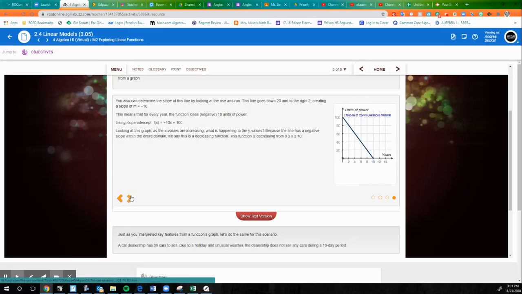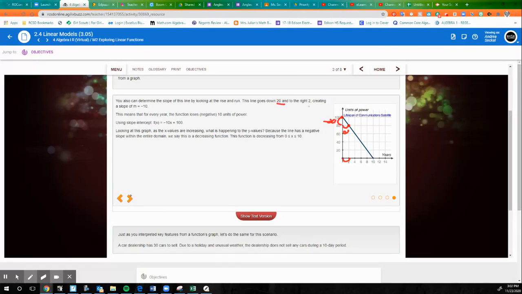When we're talking about the slope, we're talking about the rise over run. So if I start here at this point and I go to the next point, okay, you'll have to pay attention to the numbers because that's not 1. That is from 100 down to 80. That's negative 20. And then I go over 2.